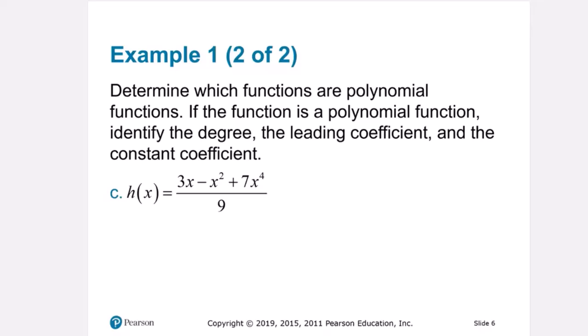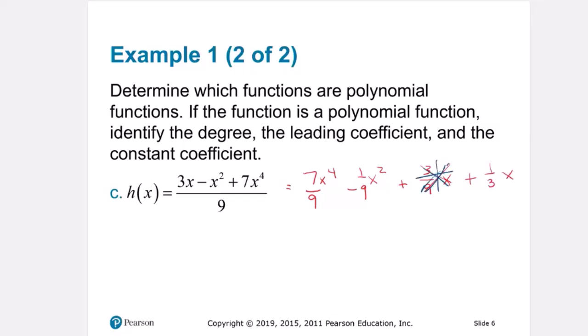Determine which functions are polynomials. Is this a polynomial? Well, yeah, it's a polynomial because I can rewrite this as 7x to the 4th over 9 minus 1/9 times x squared. I can rewrite this, and then I have plus 3 over 9 times x, which I can simplify to 1/3 x.